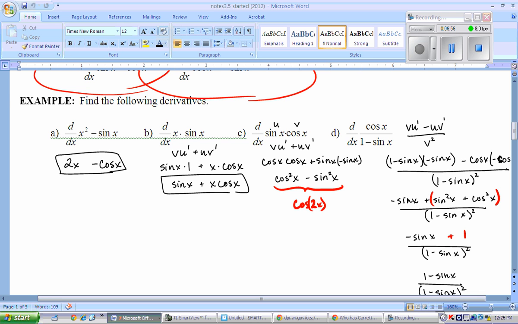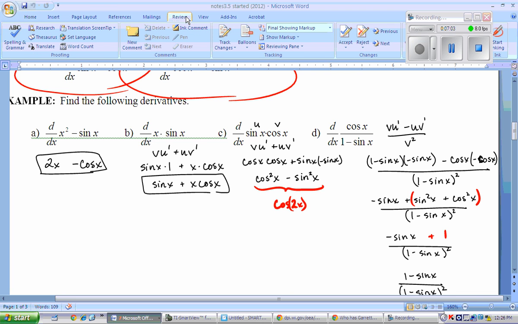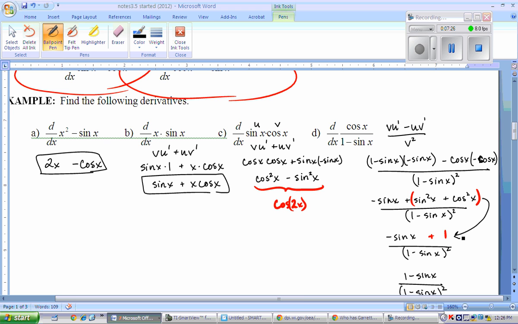When I took the derivative of the top, cosine, which is negative sine of x, I did the same thing, and I start multiplying that. I realize that I end up with a sine squared and a cosine squared, the sum of which you use a lot, should just equal 1.